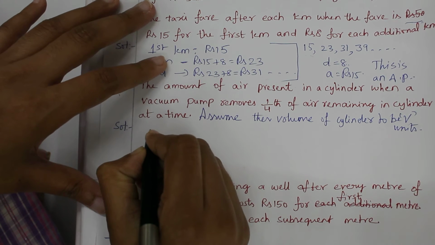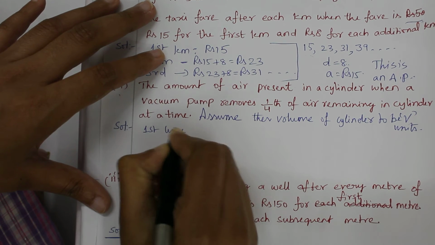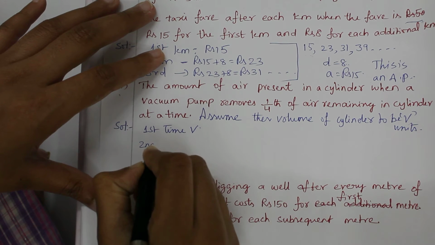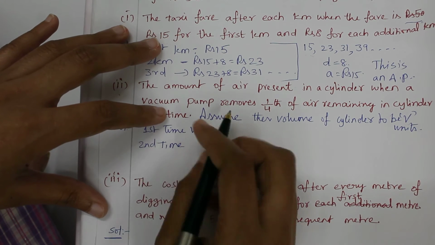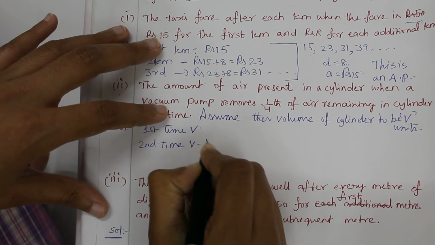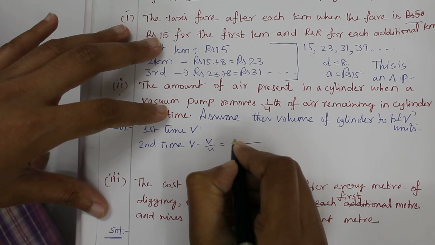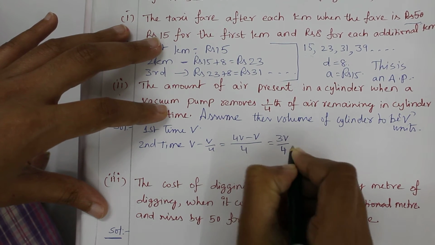Now for the first time it is V. And for the second time what would happen? I am subtracting 1/4 of the volume from the cylinder, right? So V minus V by 4. That is equal to, LCM 4, 4V minus V, that is equal to 3V by 4.